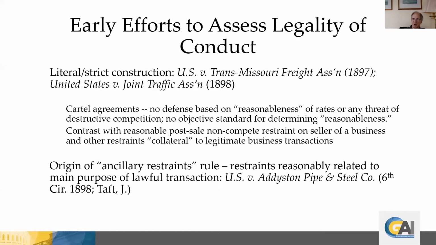It was a pipe cartel, but Taft was drawing a contrast between cartel agreement and the kind of restraint at common law that was upheld because it was reasonably related to the main purpose of a lawful transaction, like the sale of a business.